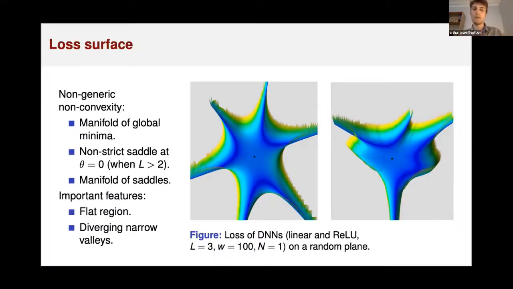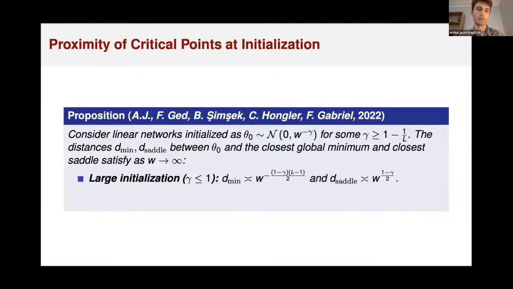One heuristic that can suggest when this transition happens is the following proposition that we showed in a recent paper. This result is at the moment only for linear networks, but I'm already working on generalizing it to non-linear networks.